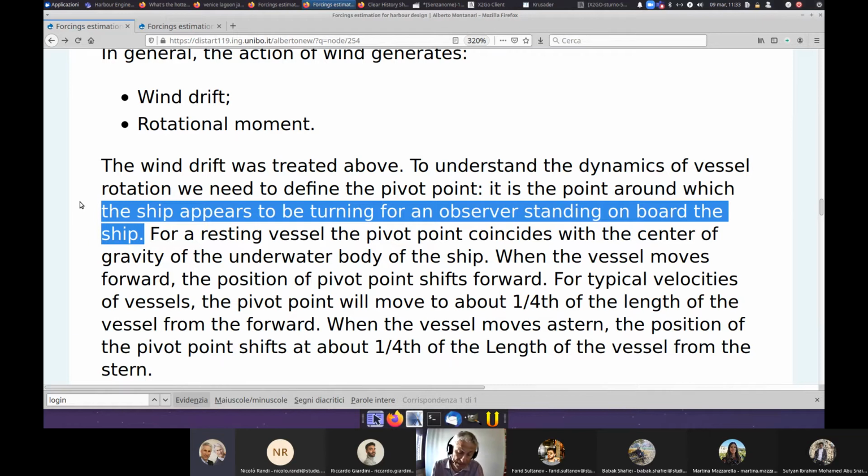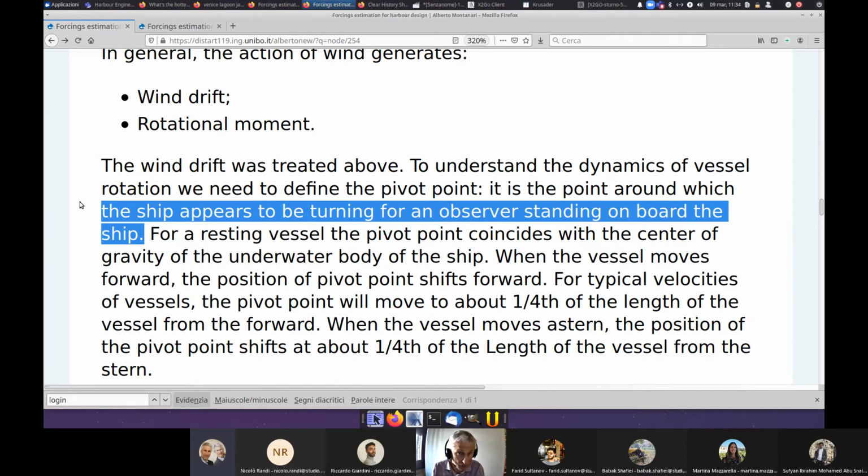It's a kind of constraint to ship movement, of course, and the underwater body is what is conditioning the movement of the ship in terms of drift and rotation. If the underwater body is larger, you get more resistance to movement of the ship.